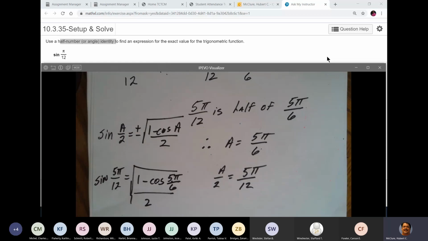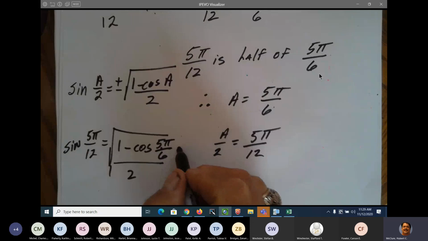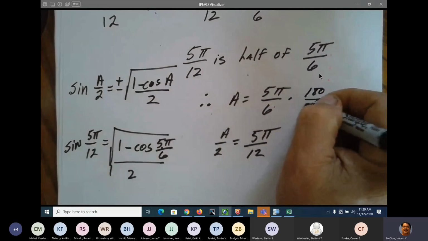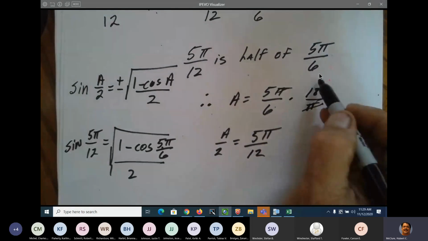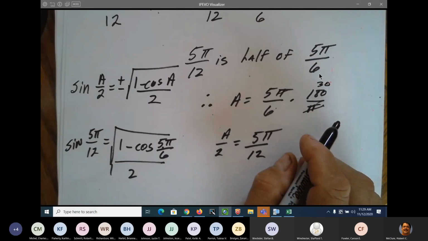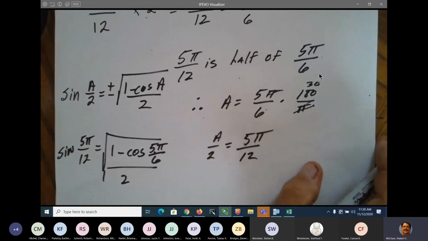And now you're just going to finish it using what you know. 5 pi over 6 multiplied by 180 over pi, the 6 goes into 180, 30 times. It's 75 degrees, isn't it?